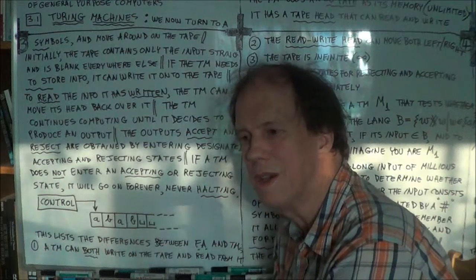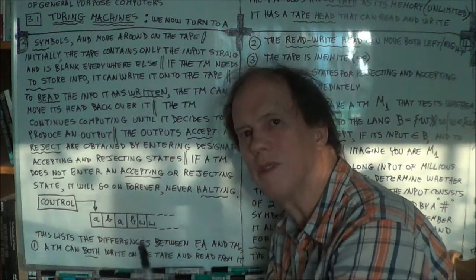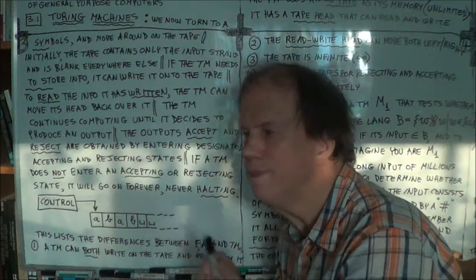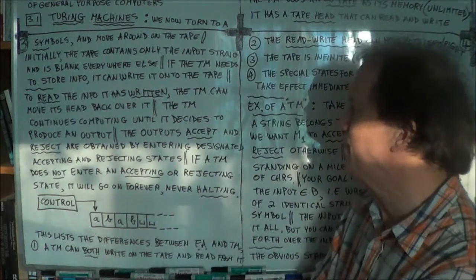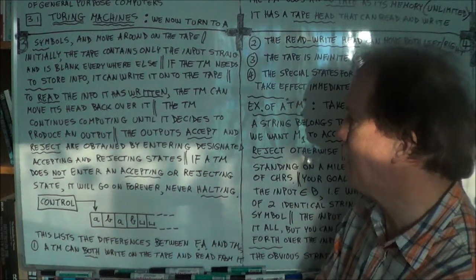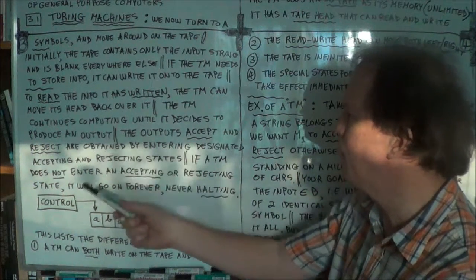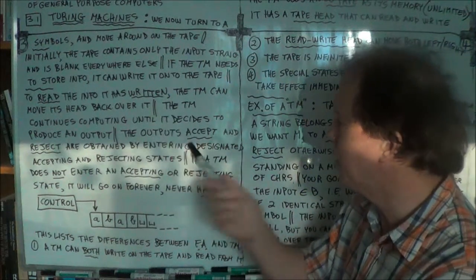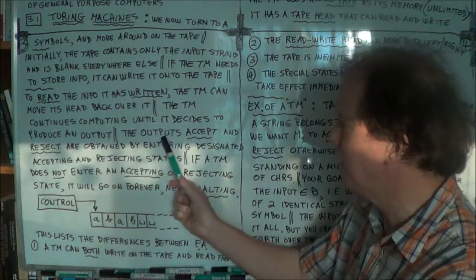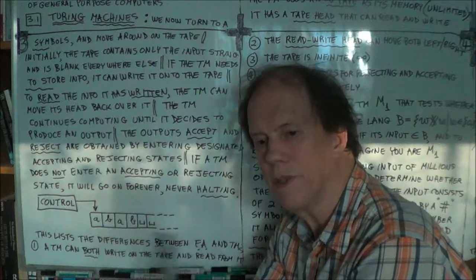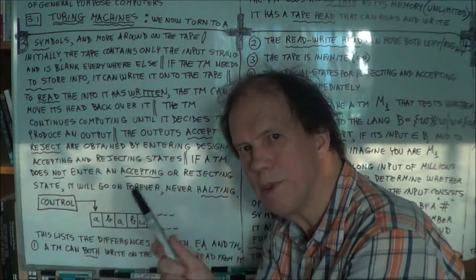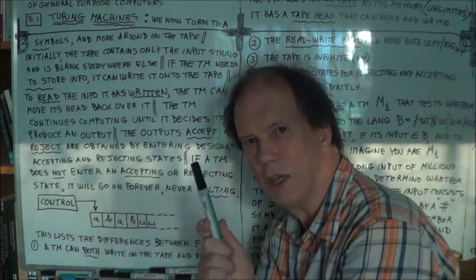Halt, H-A-L-T. Hence the halting problem rather than the stopping problem. But same thing. All right. So it just keeps computing away until it gets in a state that's either accept or reject, and they're two separate states. And there's only one accept state and there's only one reject state.